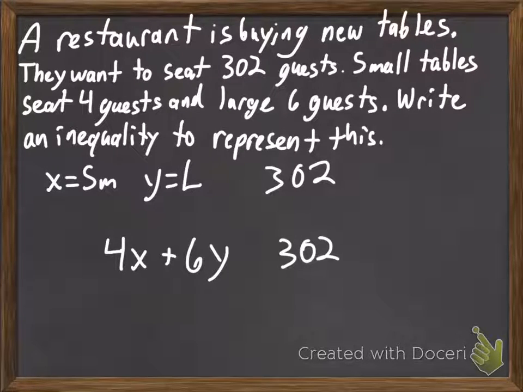So 4x plus 6y. Now we can be equal to this 302, but it could also be greater than, because hey, we want there to be at least 302 guests, but if we can fit more, that just means we're going to make more money. So 4x plus 6y is greater than or equal to 302 represents our problem here.